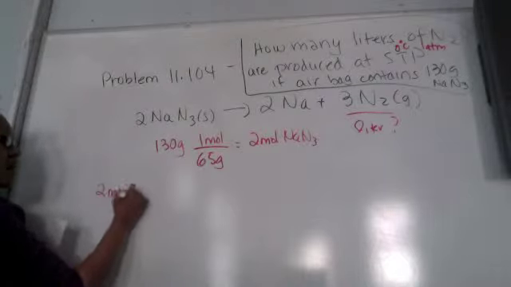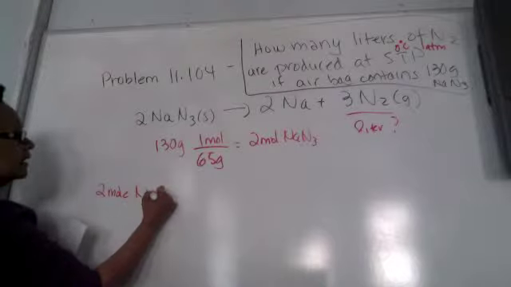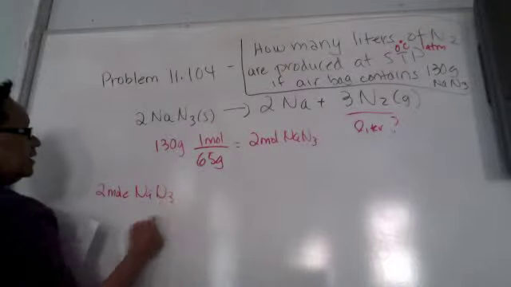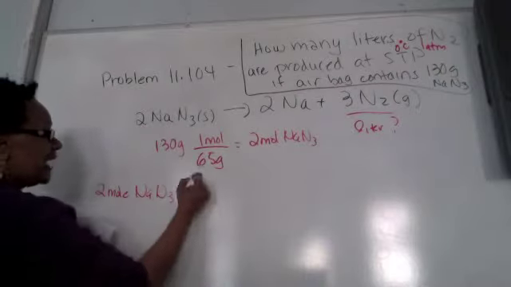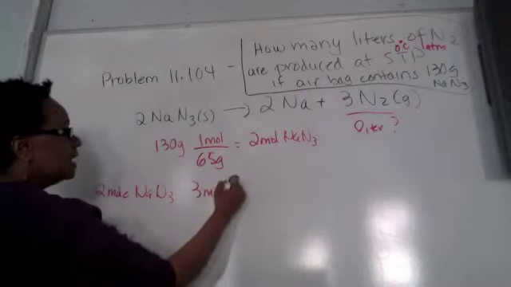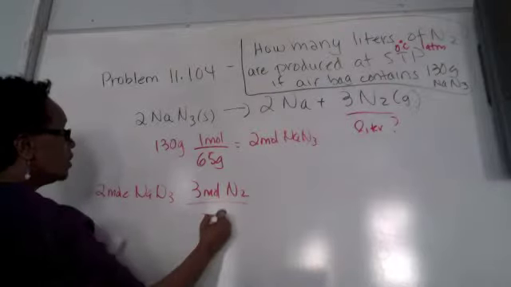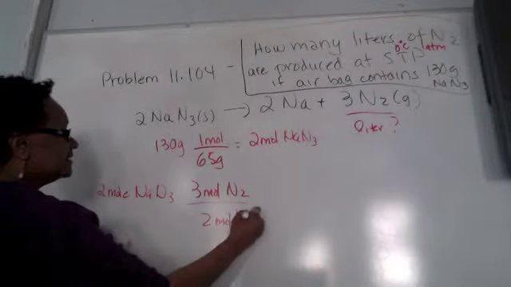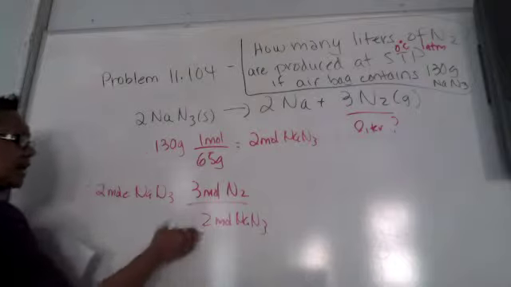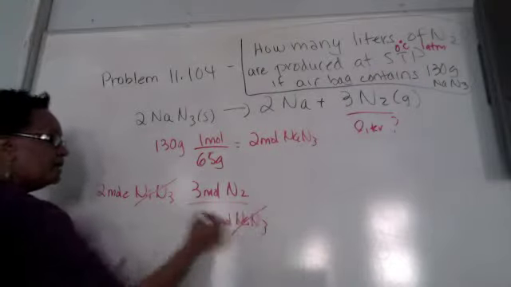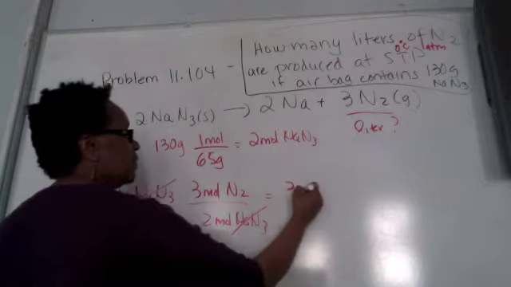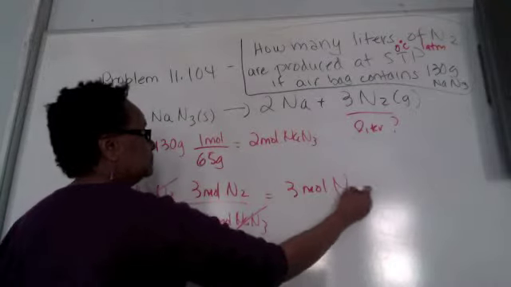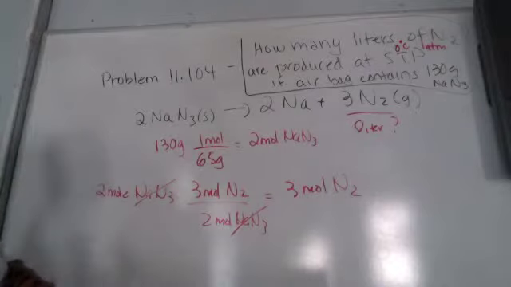What's given is 2 moles of NaN3. My balanced chemical equation says I have 3 moles of N2 per 2 moles of NaN3. I put that on the bottom because I want to cancel out. And so I'm given the fact that I have 3 moles of N2. So that's how much is going to be produced.